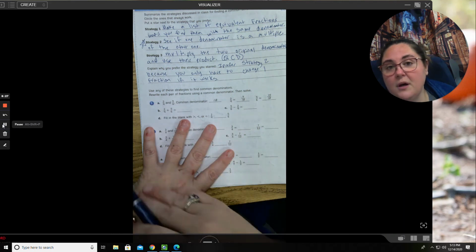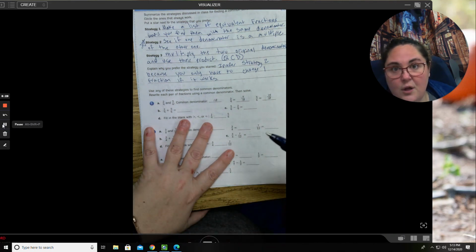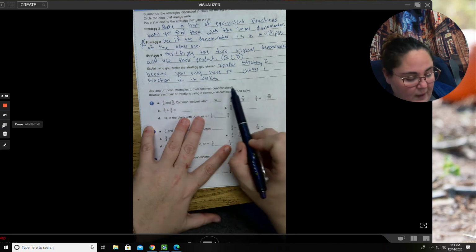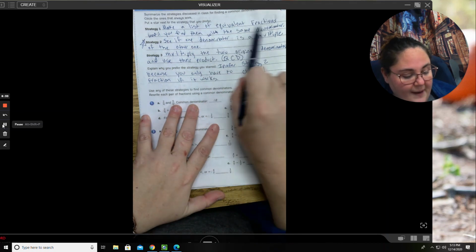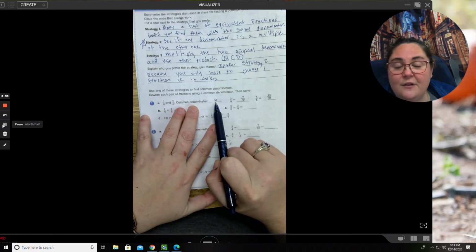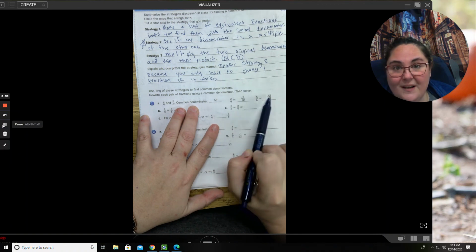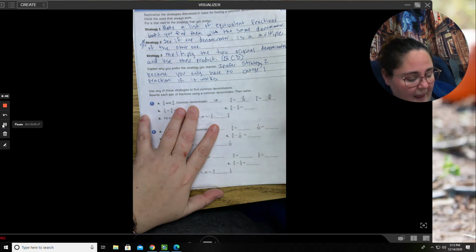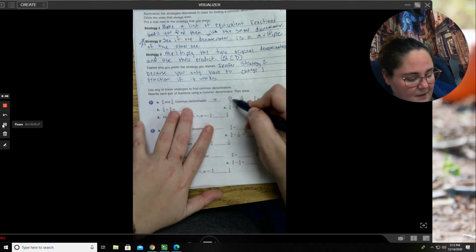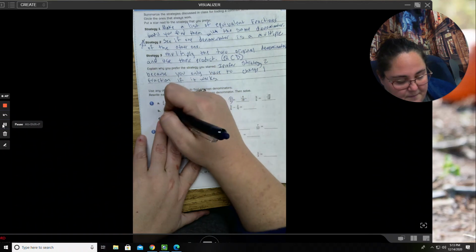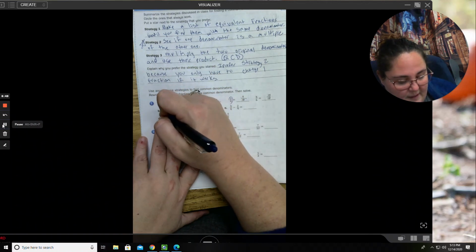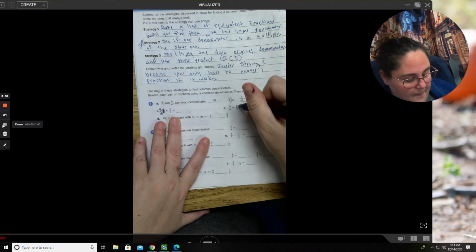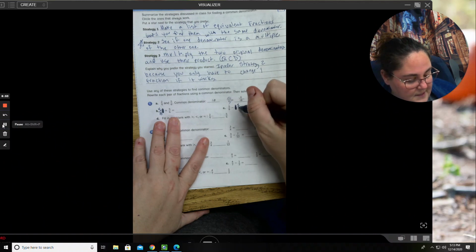So our book gave us a little bit of a hint. What they did is they said, you know what? My equivalent fractions show me that they both have a denominator of 18. And they renamed it for us. That's awesome, right? So now, anywhere that I see 2/9, I'm going to make it say 4/18.